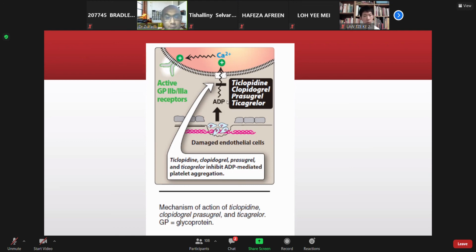So by inhibiting the ADP signal, the activation is not going to happen, and the platelet cannot link together or aggregate with other platelets.